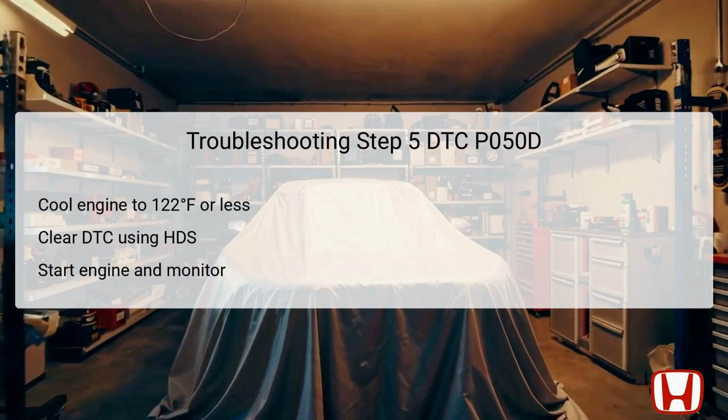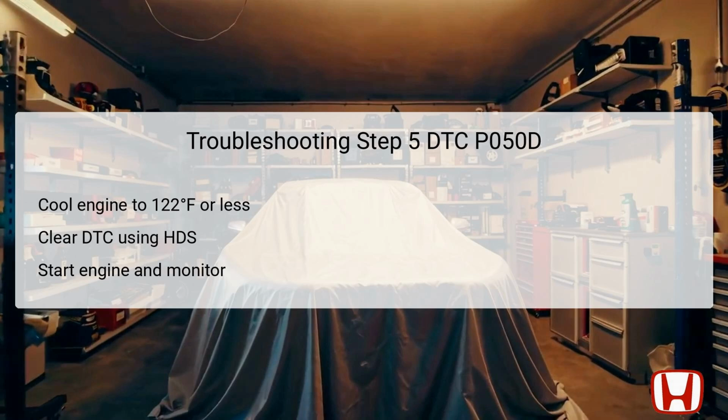In the fifth troubleshooting step, allow the engine to cool down to 122 degrees Fahrenheit, 50 degrees Celsius or below, which is important for accurate evaluation of the DTC P050D. After the engine has cooled, use the HDS to clear the existing DTCs.